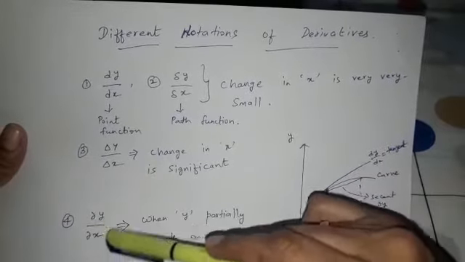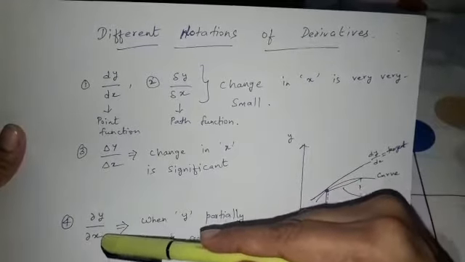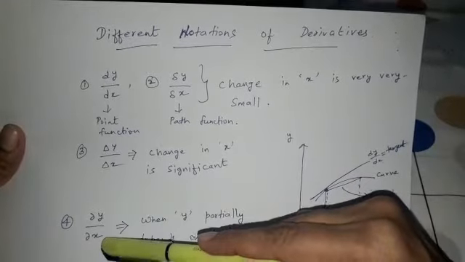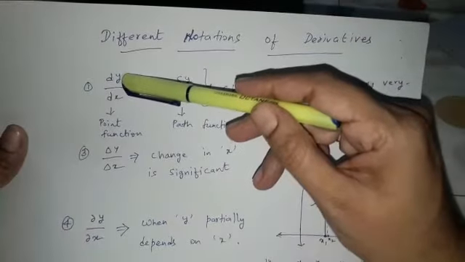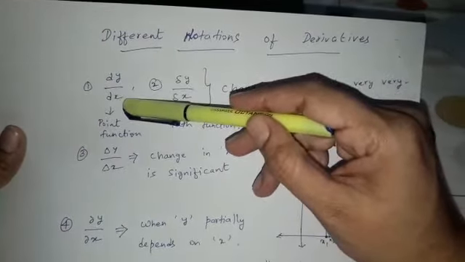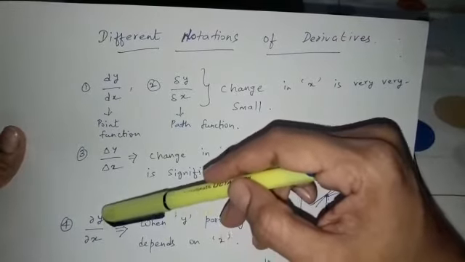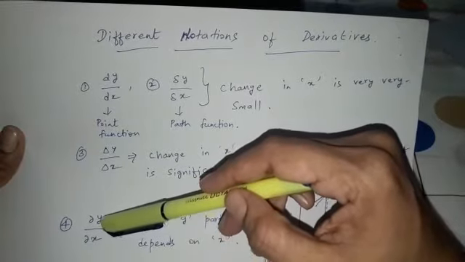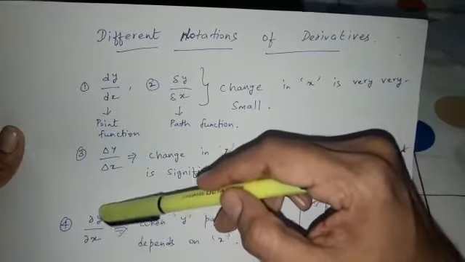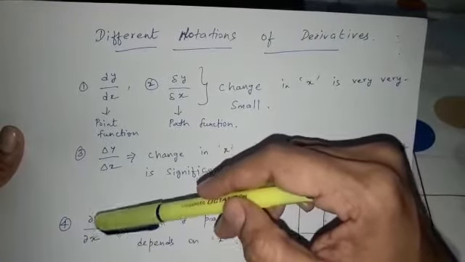Whenever I write dou y over dou x, it means y partially depends on x, whereas when I write dy over dx, it means y completely depends on x. Dou y over dou x means there is another parameter on which y also depends. That's why I'm using the partial notation.